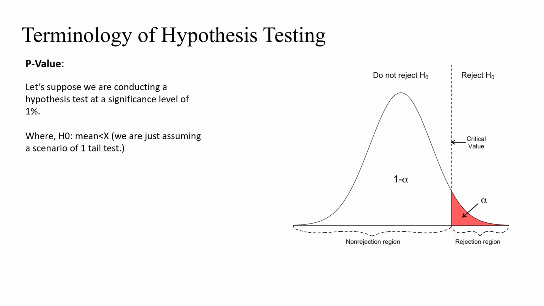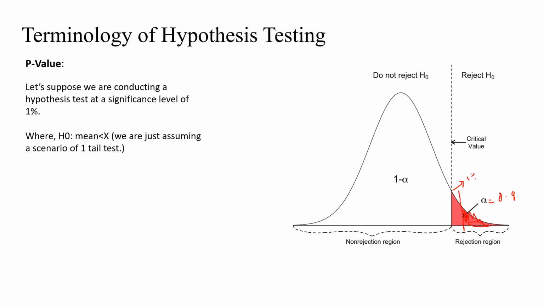Let's say this is for 1%, and if I reduce my alpha to 0.9%, my region, instead of extending till there, will only stay till here.